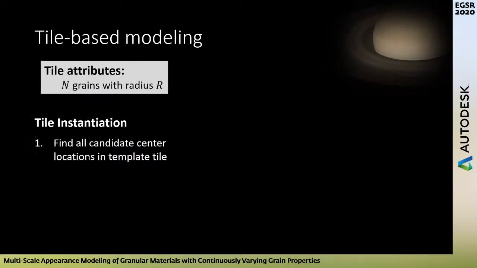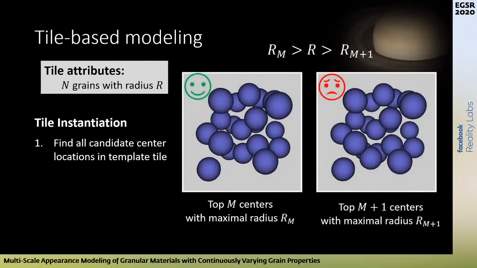Now, let's see how we can instantiate a tile from the template tile. Suppose we want to generate a tile with n grains with bounding radius r. By looking up the ordered list, we keep selecting the grain centers according to their ranks until the corresponding maximal radius Rk is below the specified radius r.